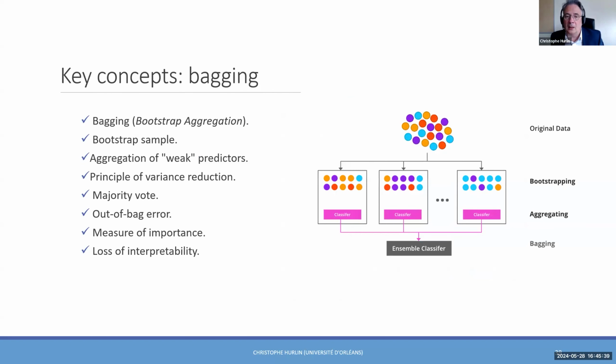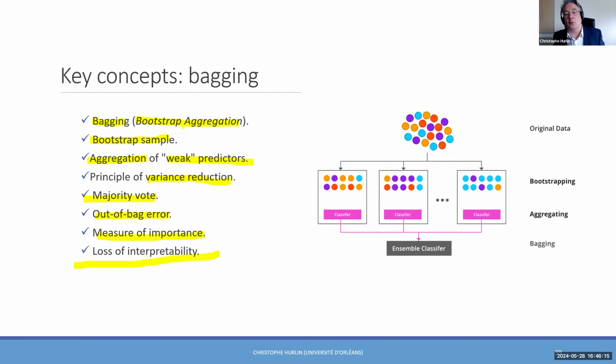Okay, let me summarize the key concepts that we have learned together. So the bagging, which is a contraction of bootstrap and aggregation. What is a bootstrap sample? What is the idea of the aggregation of weak learners? The principle of the variance reduction, the majority vote rule to determine the decision at the end, the out-of-bag error, and the feature importance.